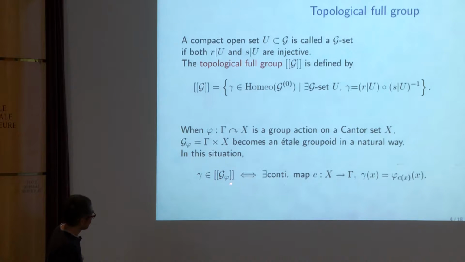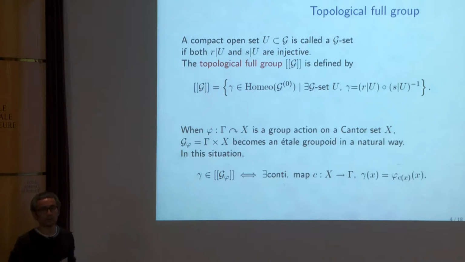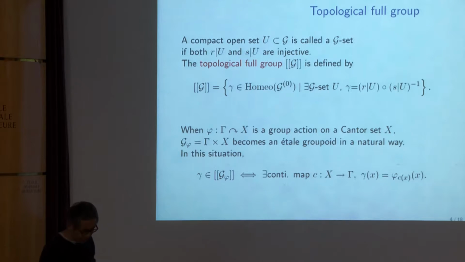And in this situation, what is this topological full group? The answer is quite easy: gamma is a member of this group if and only if we have a continuous map c from the Cantor set X to the group gamma, such that gamma of x is equal to phi sub c(x) of x. So locally, gamma is written as some element of the group.